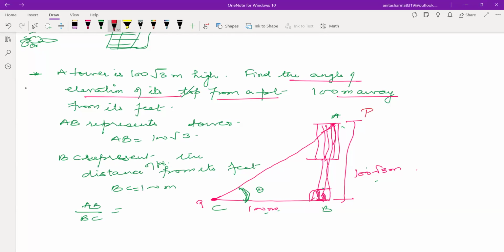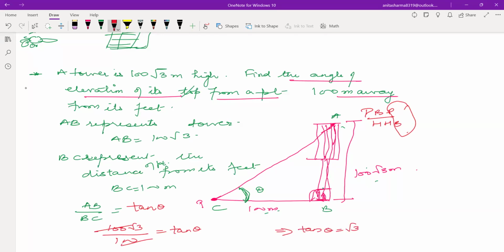Yes, tan theta. So perpendicular upon base, you will write here tan theta. Now AB is 100 root 3, BC is 100, equal to tan theta. So 100 cancels. This implies the value of tan theta is root 3.